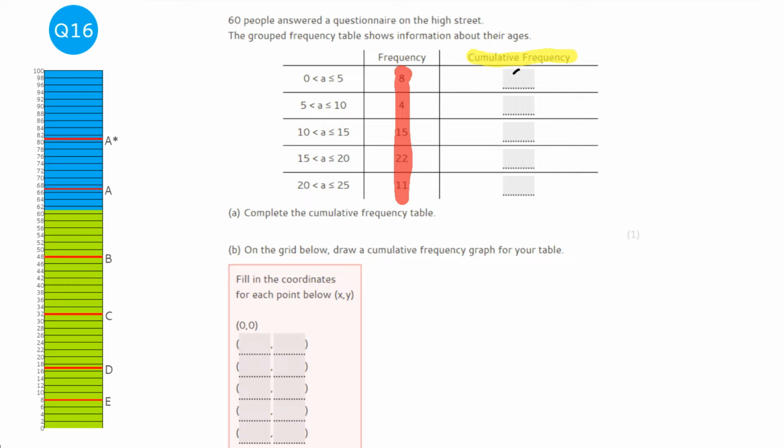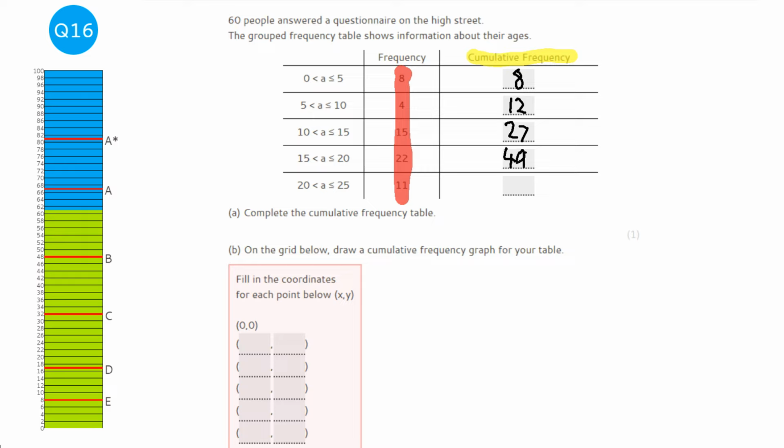So the first one's going to be 8. The next one's going to be 8 plus 4, which is going to be 12. Then the next one after that is going to be 12 plus 15, so that's going to be 27. The next one after that is going to be 27 plus 22, which is going to be 49.